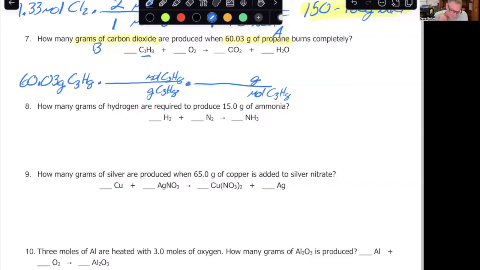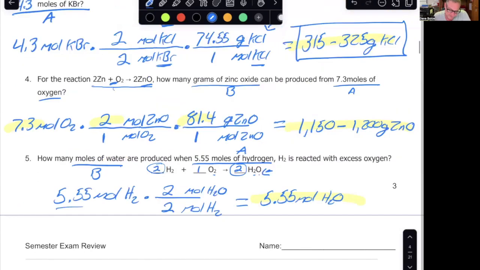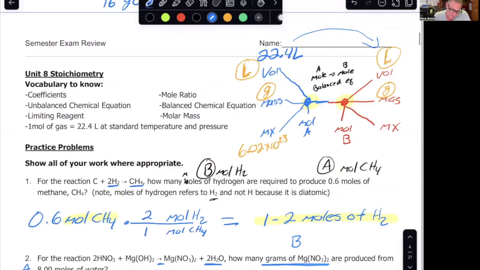Definitely did. Okay, let's look at what I did. So I'm starting in grams and I'm going to grams, and so I tried to jump forward. I skipped a step.